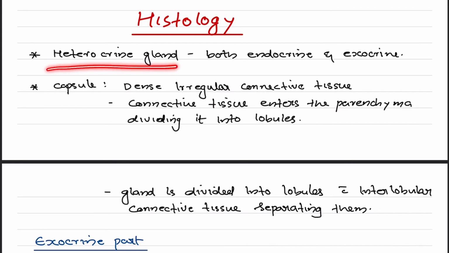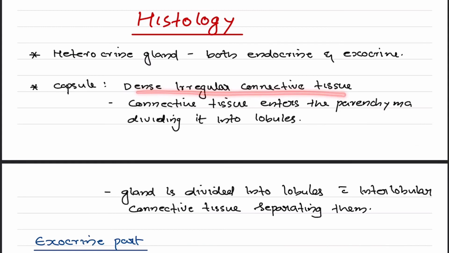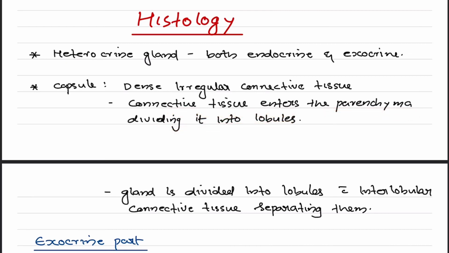Pancreas is a heterocrine gland, which means it contains both endocrine and exocrine parts. So this is pancreas, it has a capsule, its outer covering, okay, which is dense irregular connective tissue. Okay, the connective tissue enters the parenchyma, dividing it into lobules.